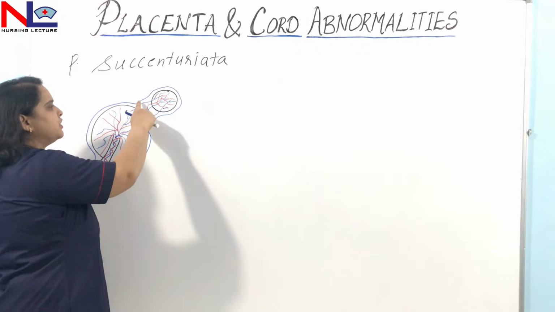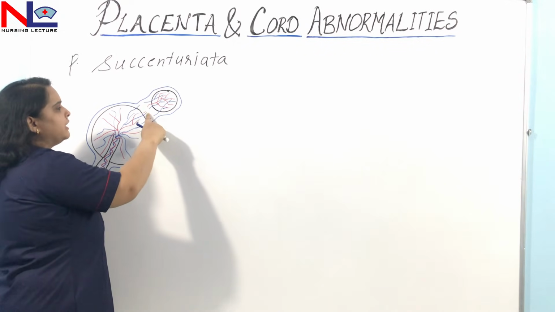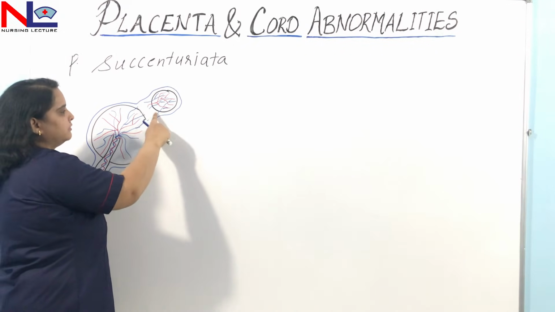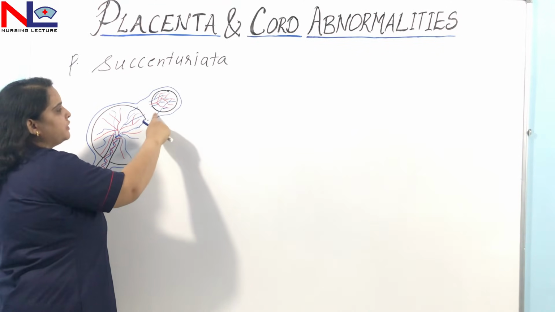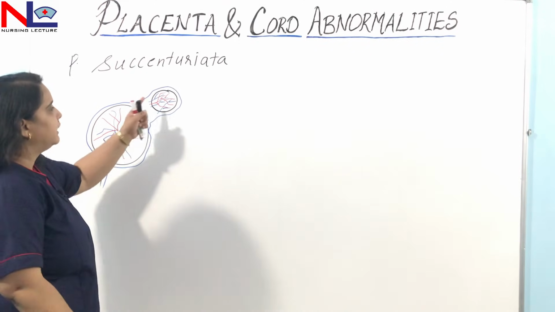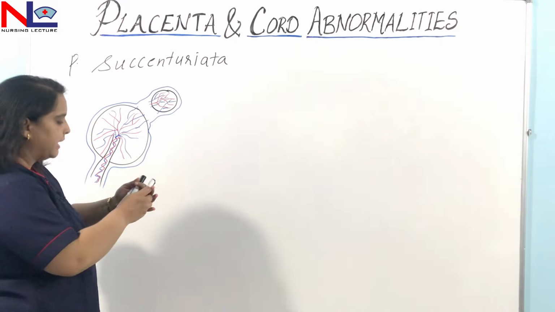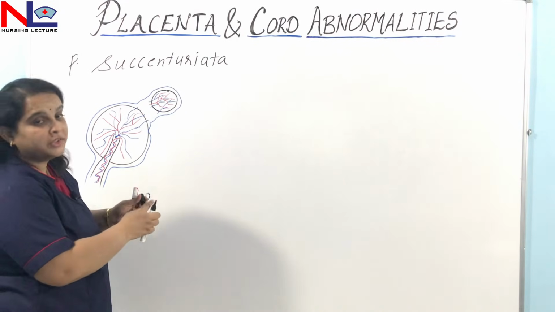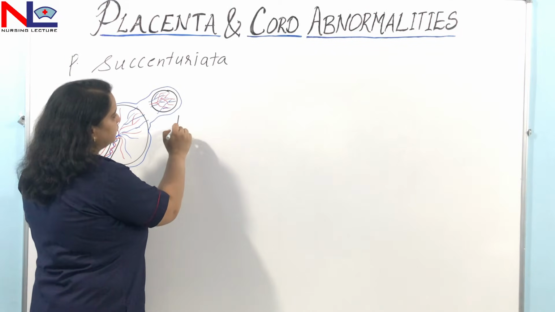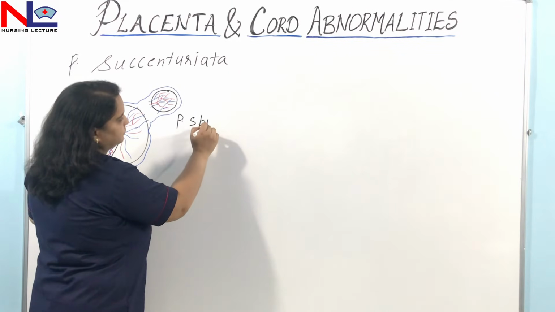In some conditions, the interconnecting vessels between the main portion and the lobe are absent, and if this type of condition appears, then it is called placenta spuria.